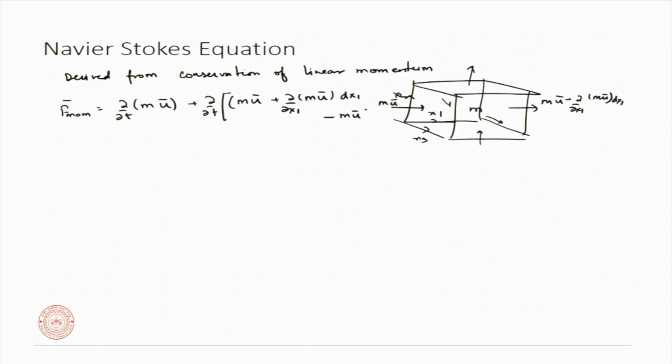This is along x direction. What do we get from here? We are getting this term gets cancelled out. Likewise, for the y direction, ∂/∂x_2 of m u vector dx_2 plus ∂/∂x_3 of m u vector dx_3, the brackets closed.